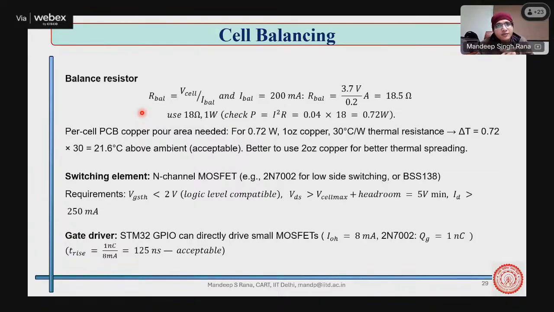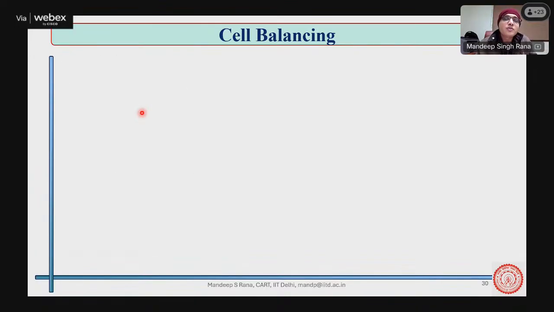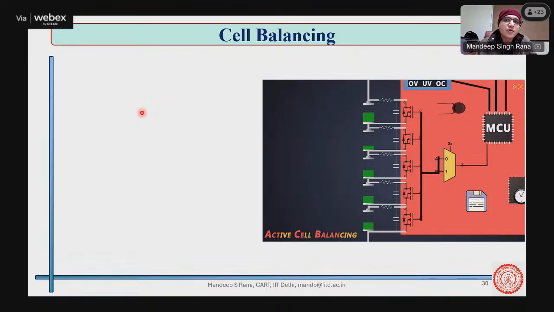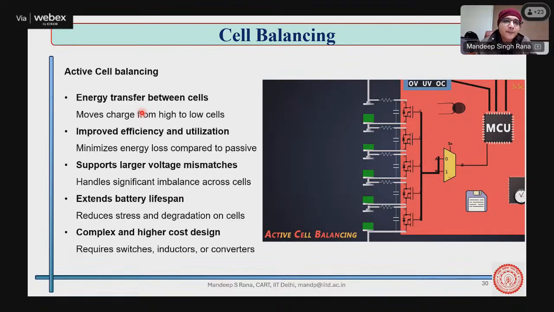And the next thing, I would like to look at an IC, an arrangement which turns on pretty quickly, and it gives me a lot of time to do my actual function, which is cell balancing over here. But suppose I don't want to do passive cell balancing, I want to do active cell balancing, then I would be going through some other process.